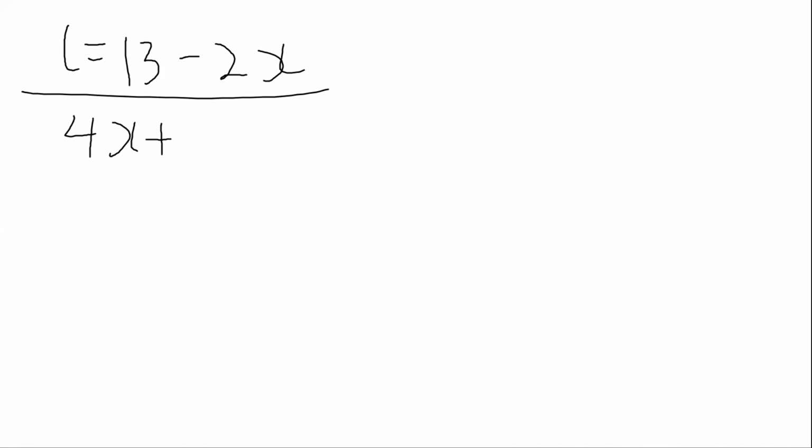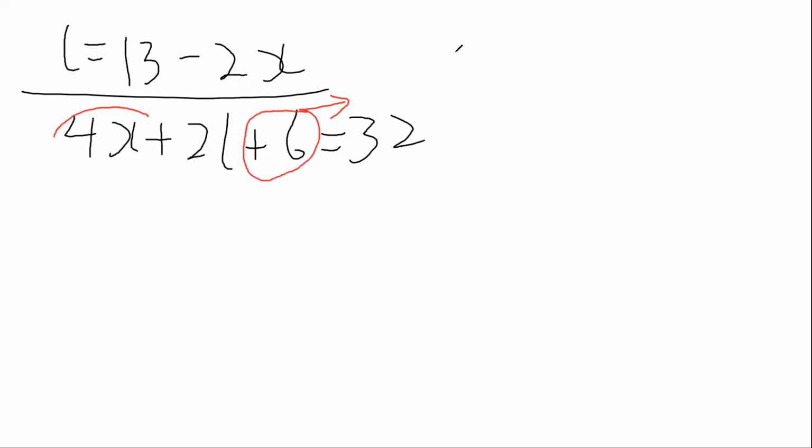Okay, great. So we have to prove that L is equal to 13 minus 2x. And since we know that 4x plus 2L plus 6 is equal to 32, we can just make L the subject of the formula. So we can take everything else and carry it across the equal sign. Remember when we do that, signs will change. So 2L will remain here, is equal to 32.